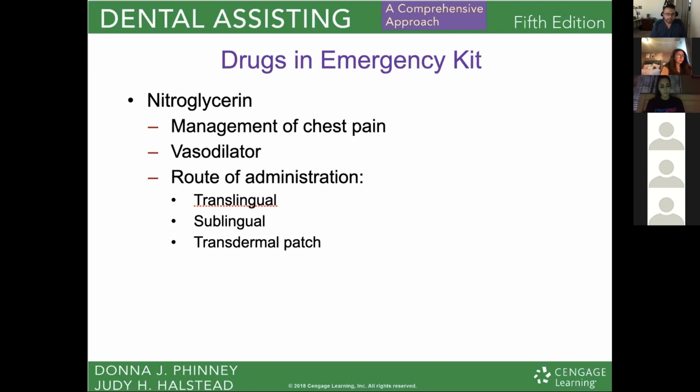So translingual would mean over the tongue. Lingual is another term for the tongue. Sublingual would be underneath the tongue. And then transdermal, dermal is another word for skin. So transdermal would mean through the skin. So it's a patch that you'll put on a patient, and it's supposed to relieve chest pain if they're having chest pain.